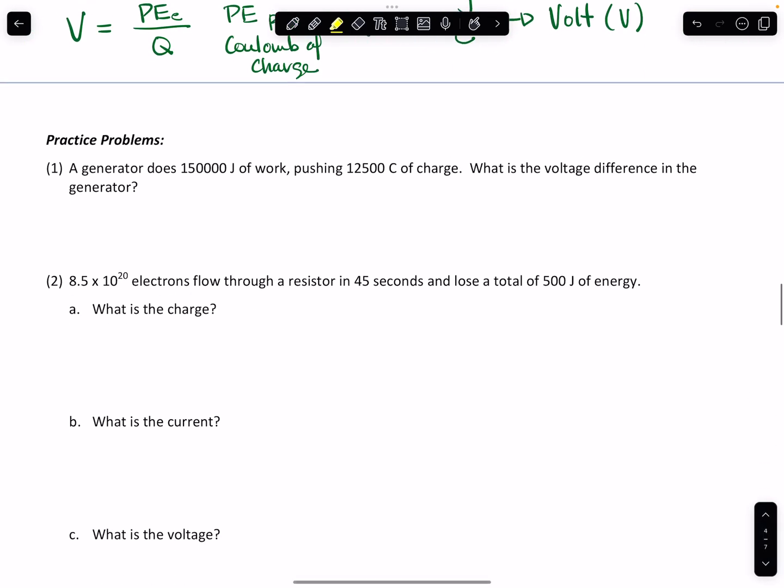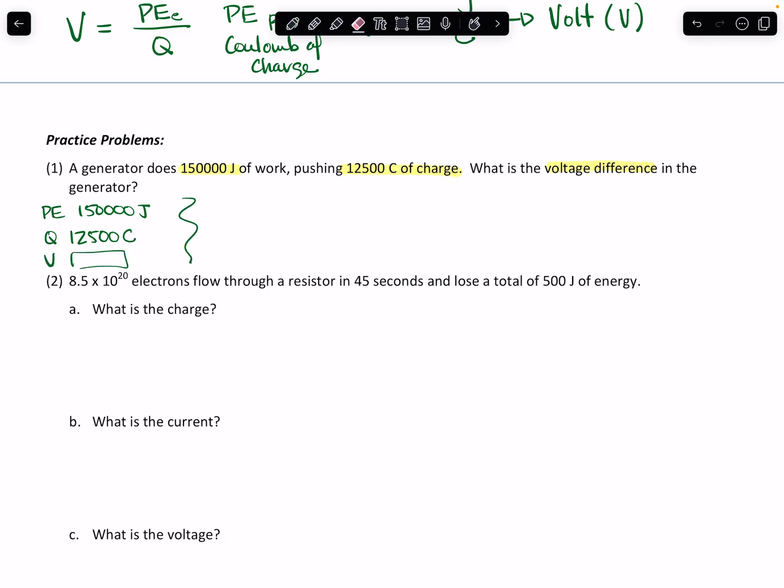We have a generator doing 150,000 joules of work and pushing 12,500 coulombs of charge. What is the potential difference here? So we've got an energy value, 150,000 joules. We've also got charge, that's Q, 12,500 coulombs, and we're asked to find the voltage.